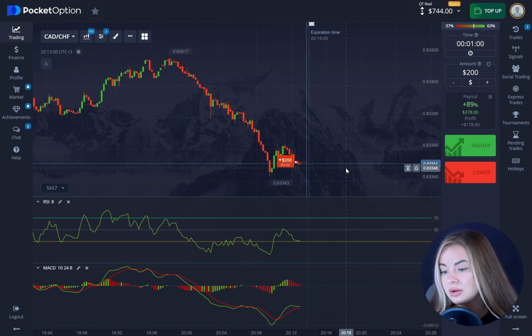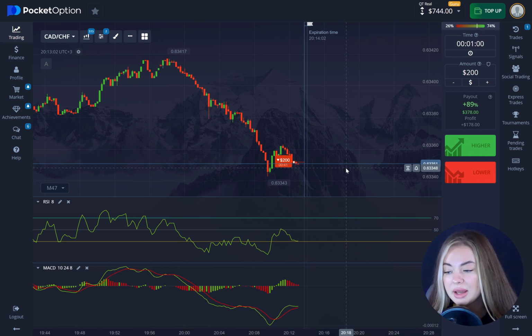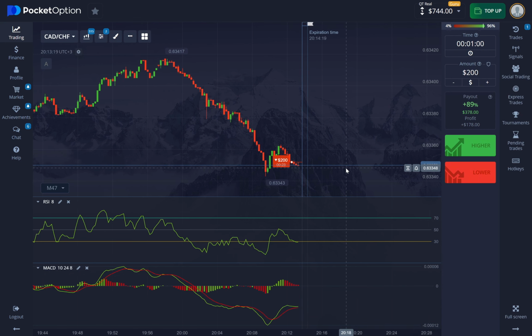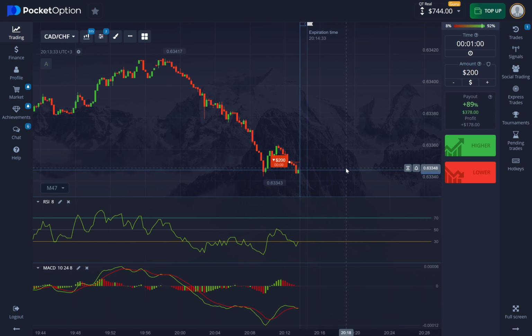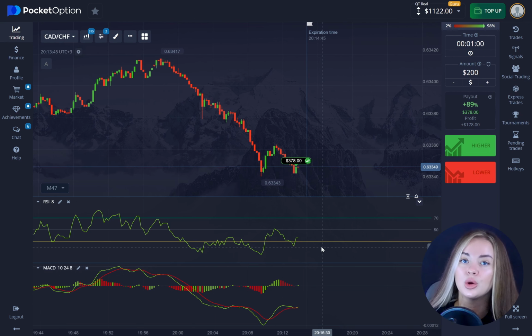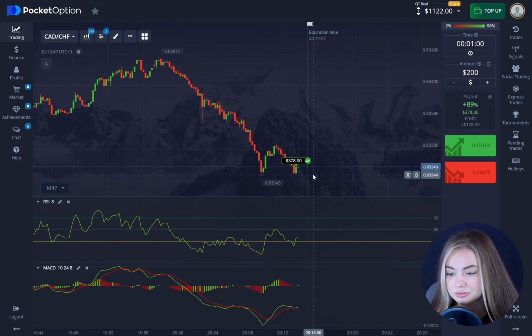The MACD also shows that the main line is approaching the signal line with the intention of crossing it from top to bottom, which is also a signal to open a downward trade. The trade was successful, continuing to look for a good entry point.